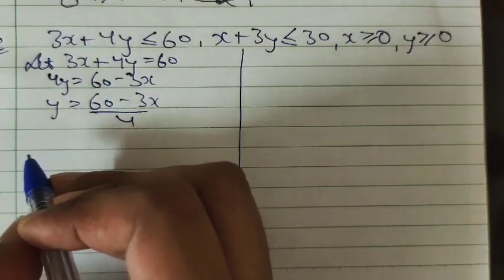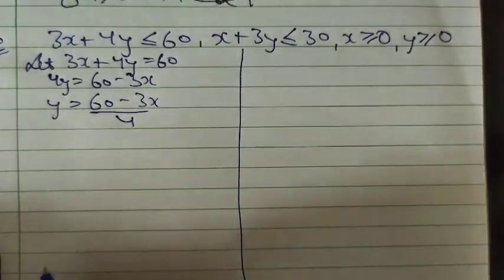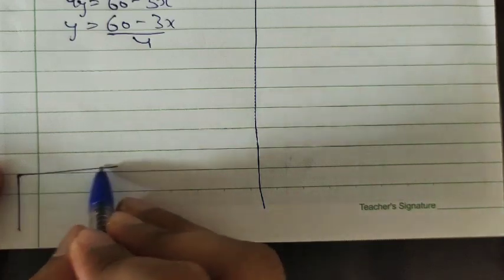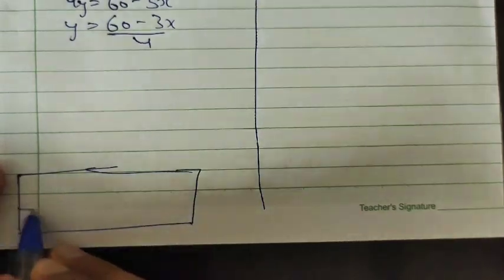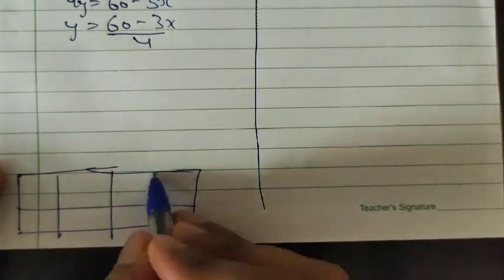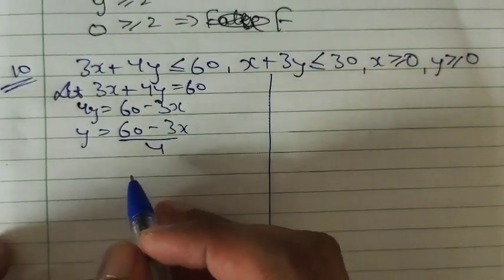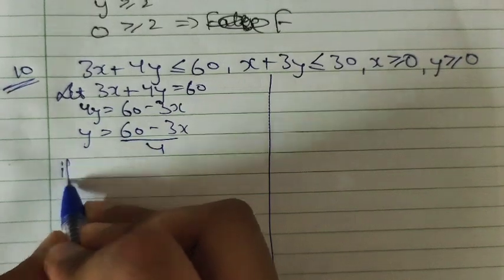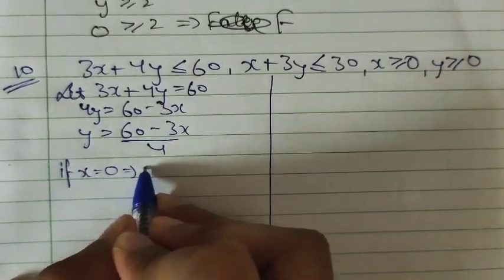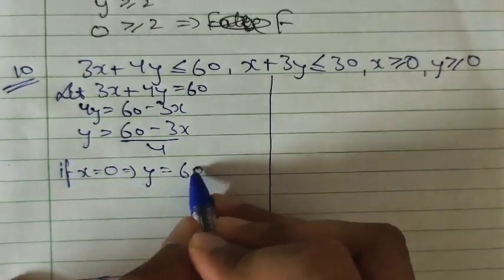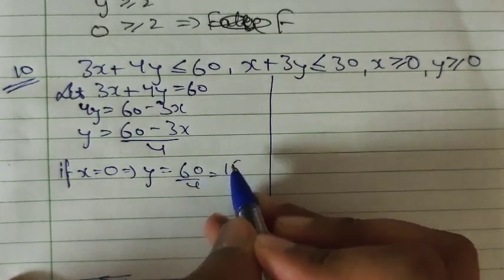So let's plot it. The table I'm drawing here: x, y. So if x is 0, right? If x is 0, y is equal to 60 upon 4, 15, right?